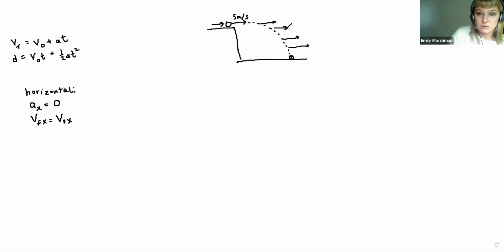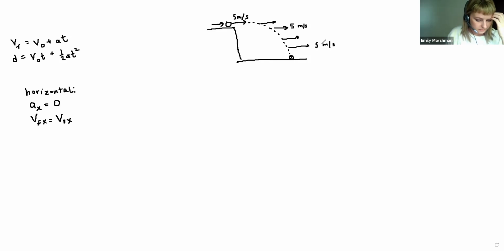So when the ball is here, it's moving to the right at 5 meters per second, if I'm only looking at the horizontal motion. When it's here, it's still moving 5 meters per second to the right. When it lands, it's still moving 5 meters per second to the right.